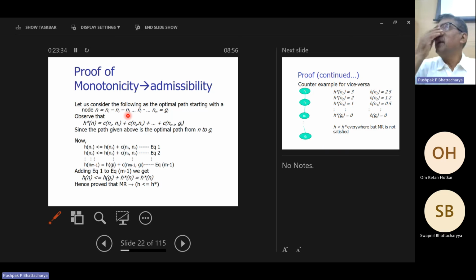So this is a very, very elegant observation. Just set up the inequalities and see that there are cancellations from left-hand side and right-hand side, and the H value is proven to be less than or equal to H star. So if a heuristic satisfies monotone restriction or triangular inequality, it must be admissible.